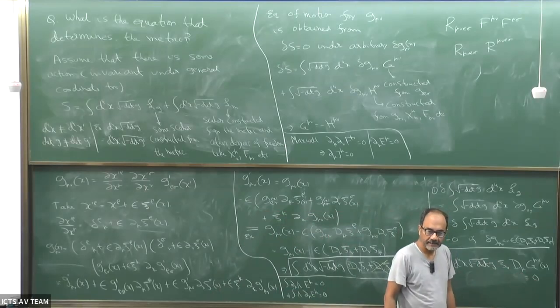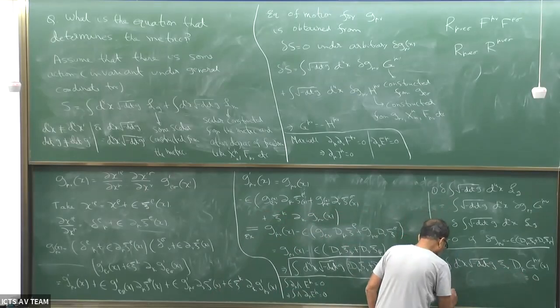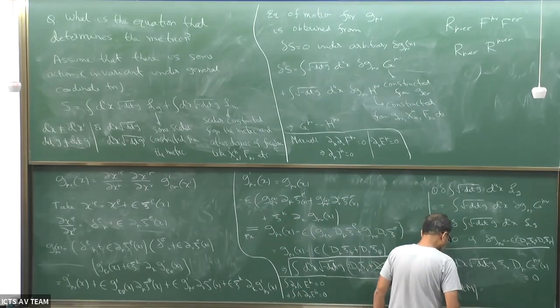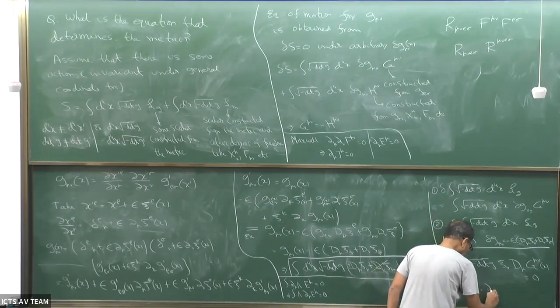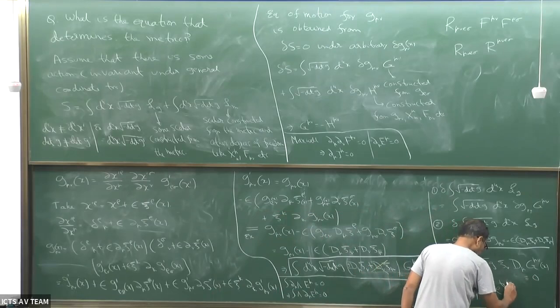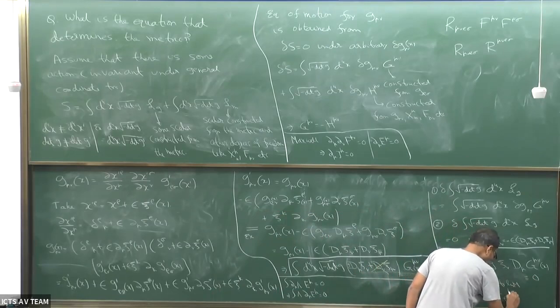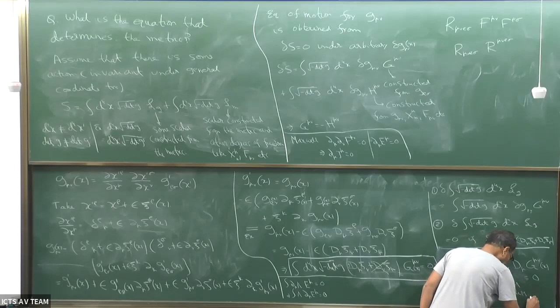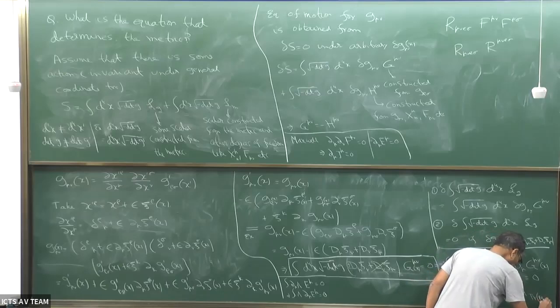Is this clear? For that, you basically have to use the fact that the determinant of a matrix M can be written as e to the trace log of the matrix, and then when you take the log, you get the trace of M inverse.